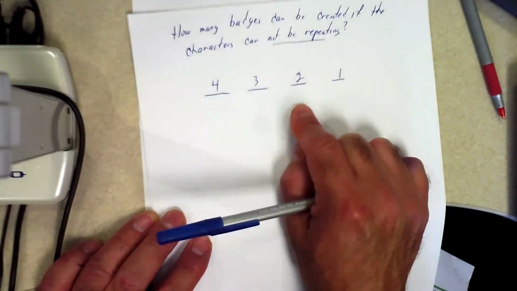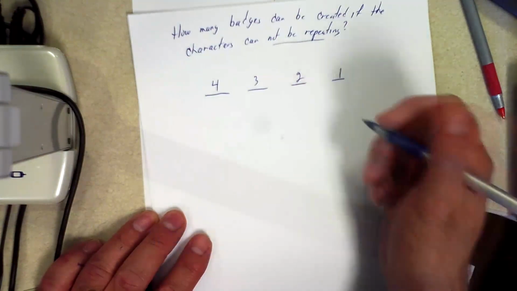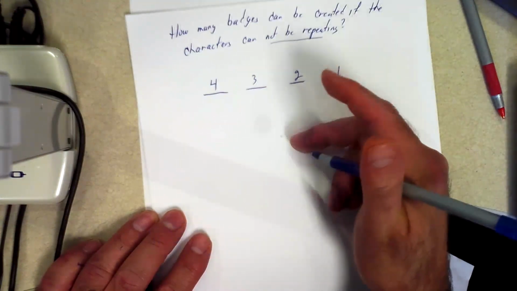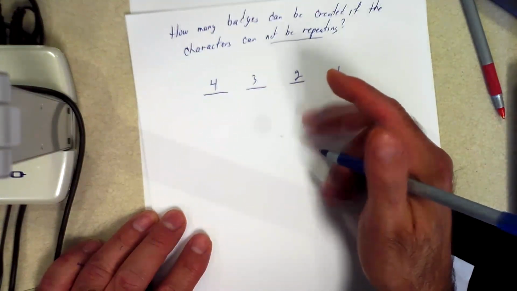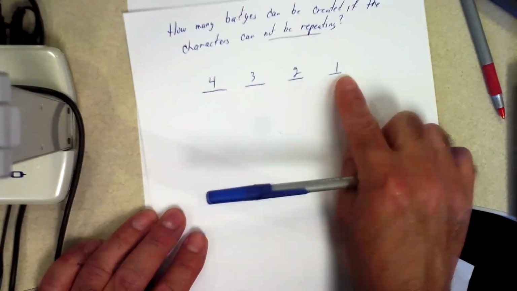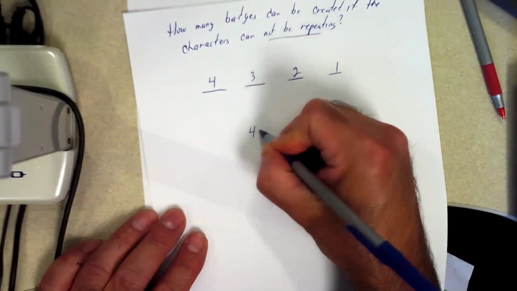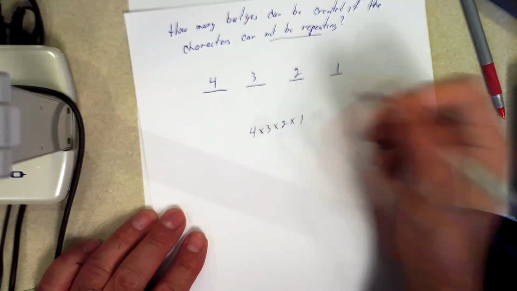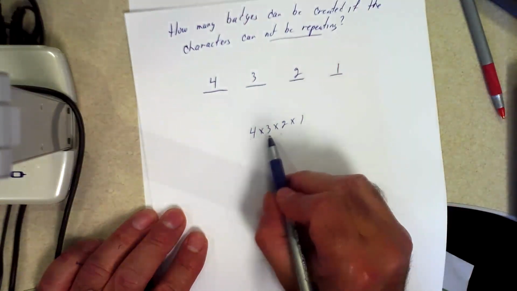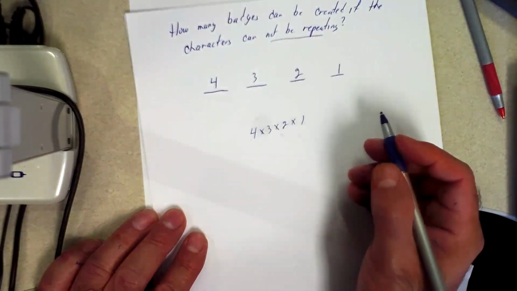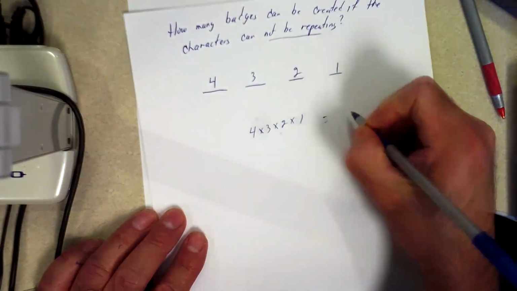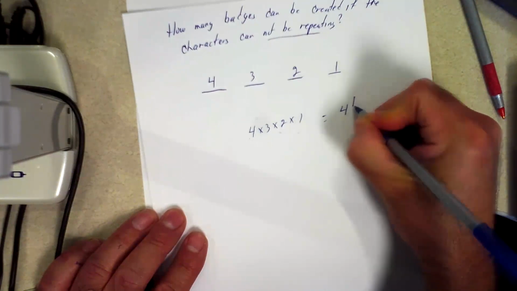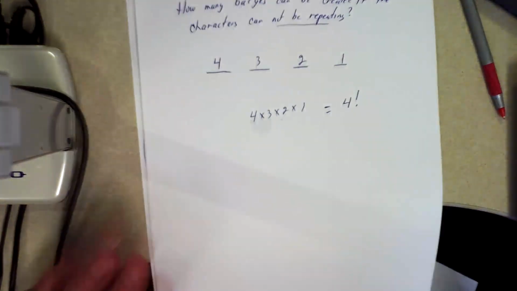That looks very familiar. What mathematical operation had this, where we multiplied it? Do you remember there was a function that we talked about that did 4 times 3 times 2 times 1? Do you remember what that was? That's right. The factorial.